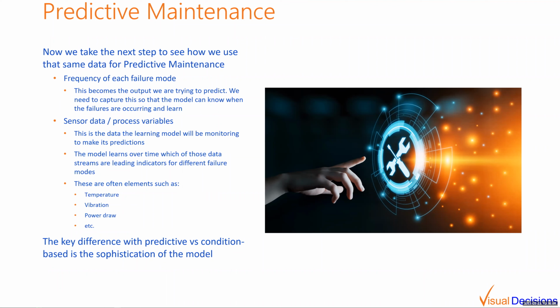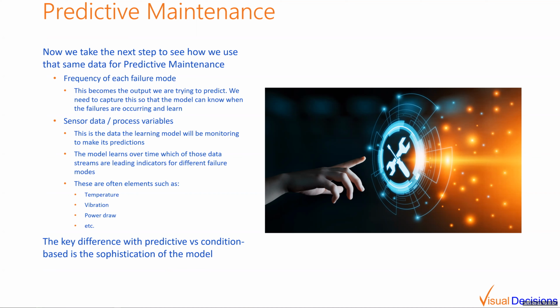The next step is the one that's very popular these days, which is predictive maintenance. If we take the next step to see how that same data can be used for predictive maintenance, essentially the frequency of each different failure mode now becomes the output that we're trying to predict.